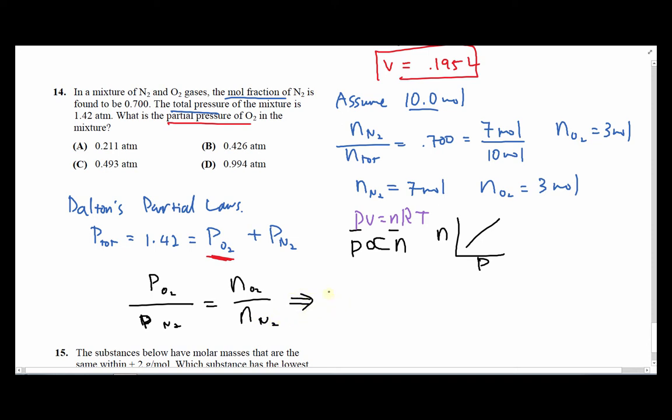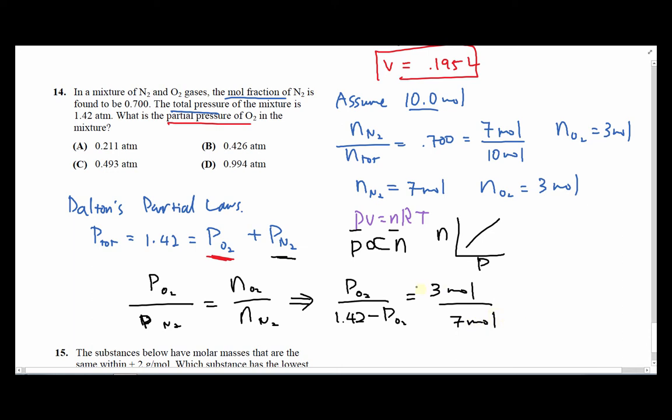I'm going to write P partial pressure of oxygen over 1.42 minus PO2. That's how you get the P of N2. Then I have a single variable on the left side, but I already know the numeric values of the oxygen number of moles and the nitrogen number of moles. It was determined to be 3 moles over 7 moles.